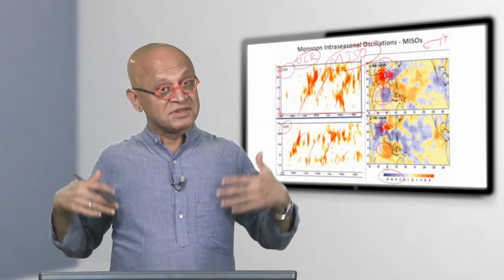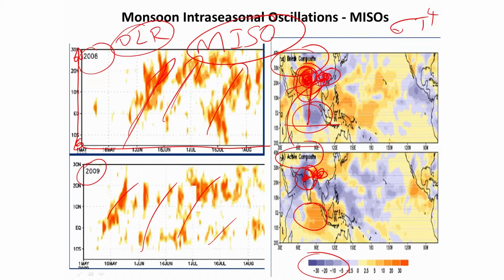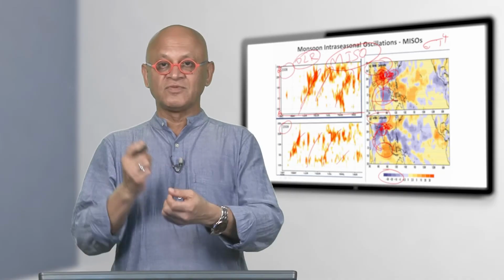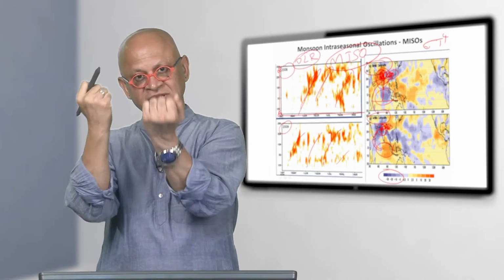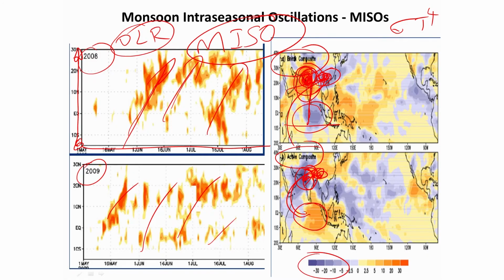So there is a meridional circulation embedded within the southwesterlies we kept talking about, which is doing this oscillation north-south, and there is an east-west oscillation between central core Indian monsoon zone and the northeast monsoon zone, which extends into China and becomes part of the larger system called the Asian monsoon.